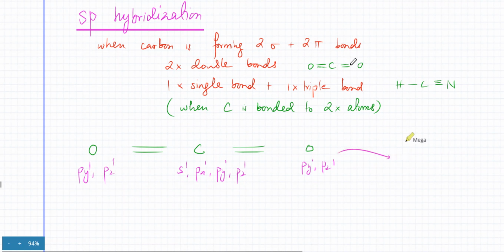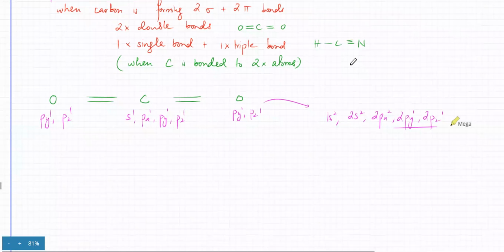If I write the electronic configuration, oxygen's is 1s2, 2s2, and then 2p4, which means it's going to be 2px2, 2py1, and 2pz1. So all the other orbitals are filled except for the last two. They need electrons.